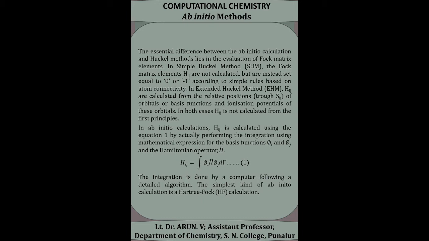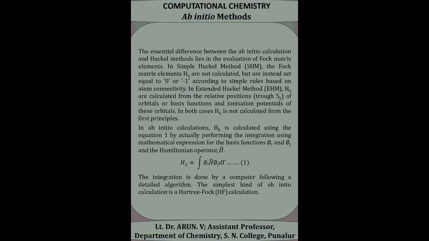But in ab initio calculations, the Hij is calculated using equation 1, that is Hij equals the integral of phi i, Hamiltonian, phi j dt, by performing this integration using the basis functions phi i and phi j.